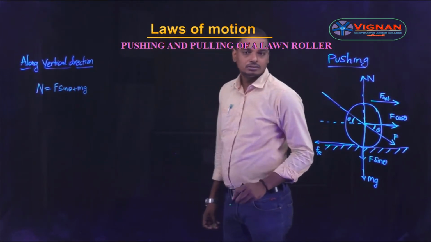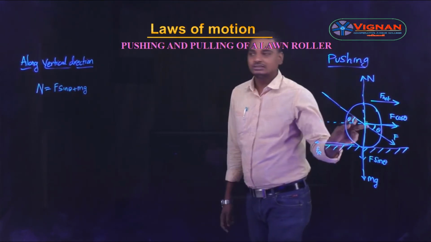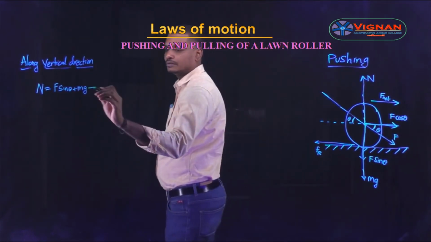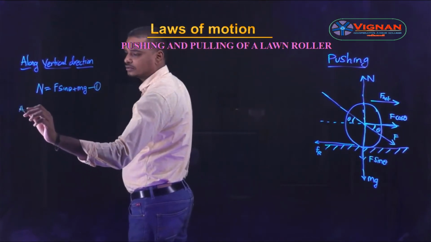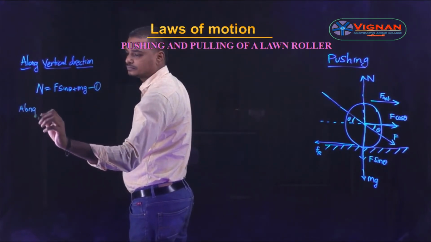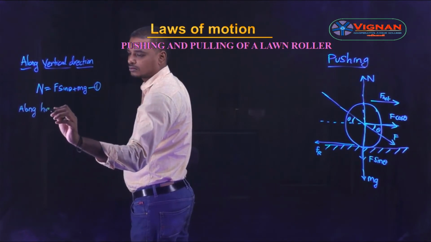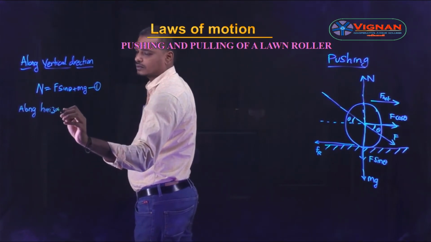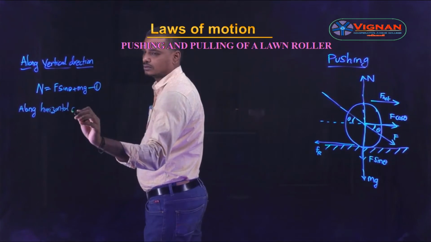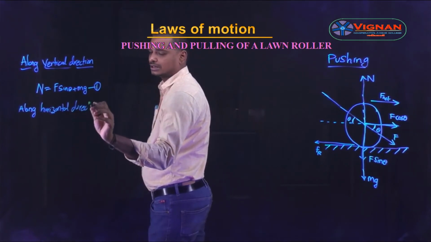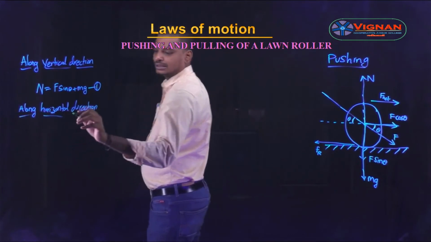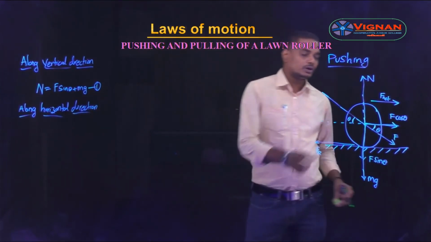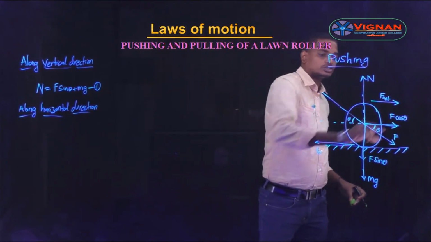Right? Let it be the equation 1. Now along the horizontal direction, there is a net resultant force acting on the body, F net, causing the motion of the lawn roller.